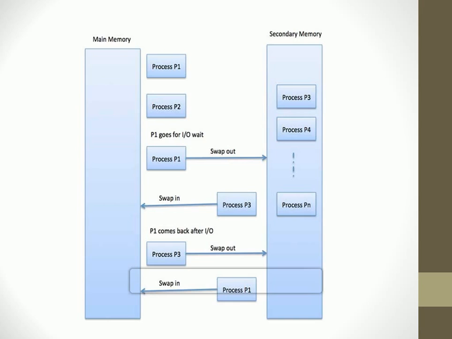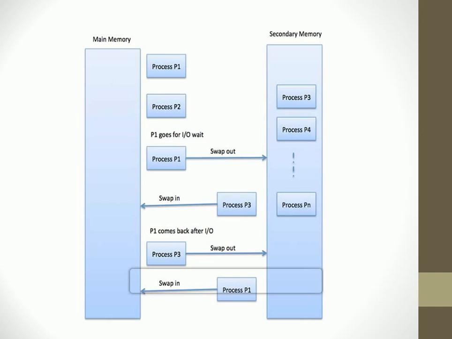This is a swapping process between P1, P2 and P3. P1 and P2 are running in the main memory, but P3 from the secondary memory wants to execute. Then P1 goes to IO wait, that is a swap out operation, and P3 comes into the main memory.